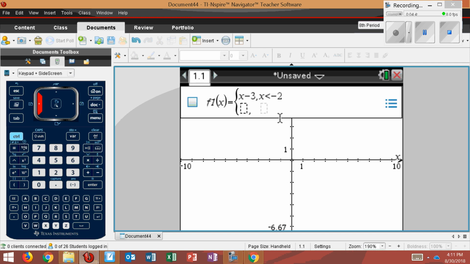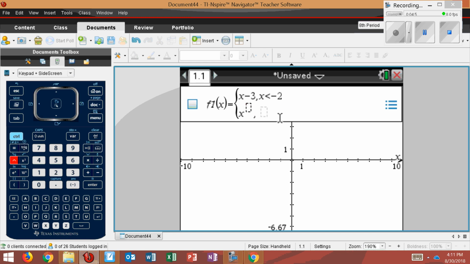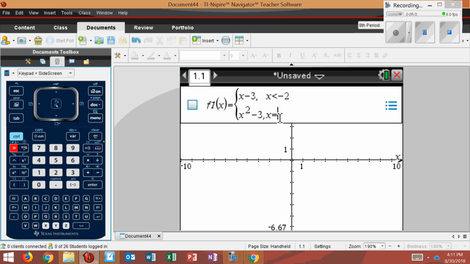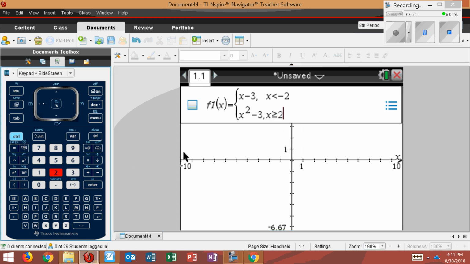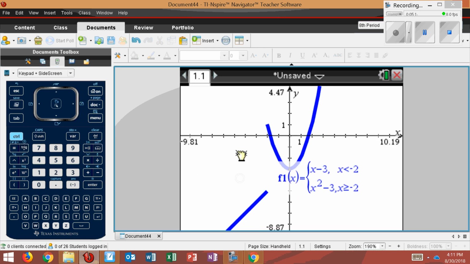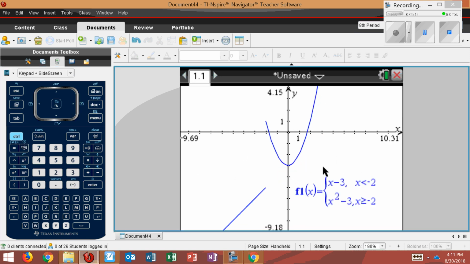And then we had x squared minus 3 when x is greater than or equal to -2. And so we can see here that this is, in fact, also a jump.